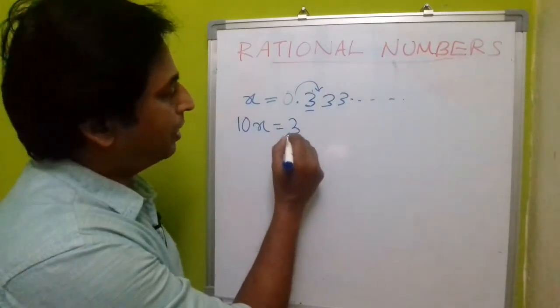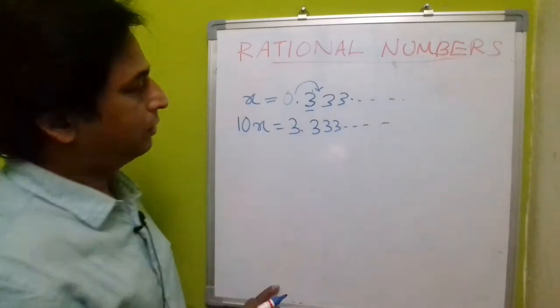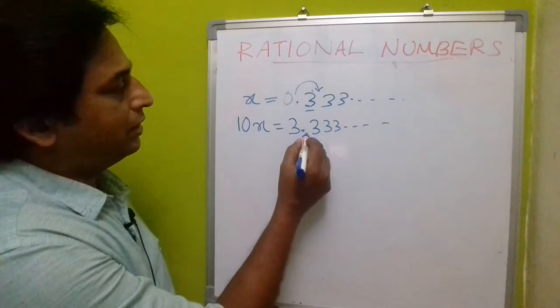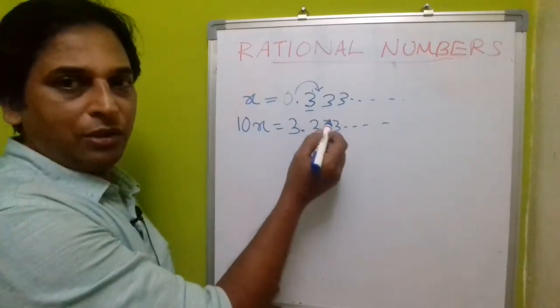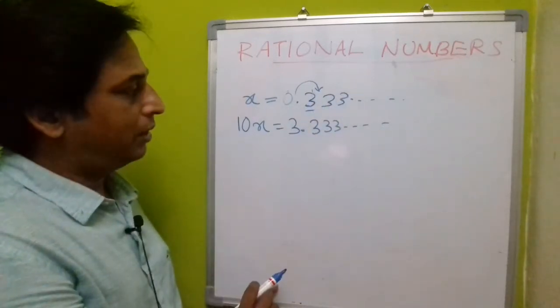So this number will become 3.333 and so on. Then you can see that one digit of the repeating portion has come to the left side of the decimal.